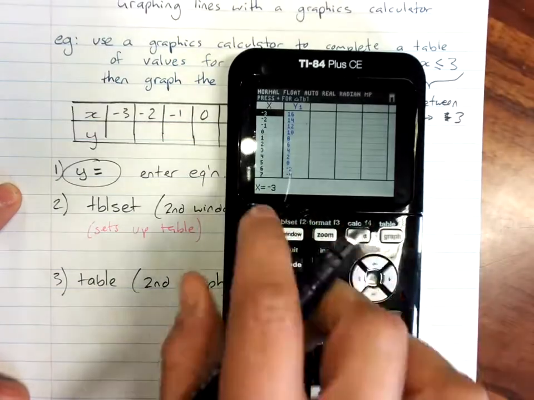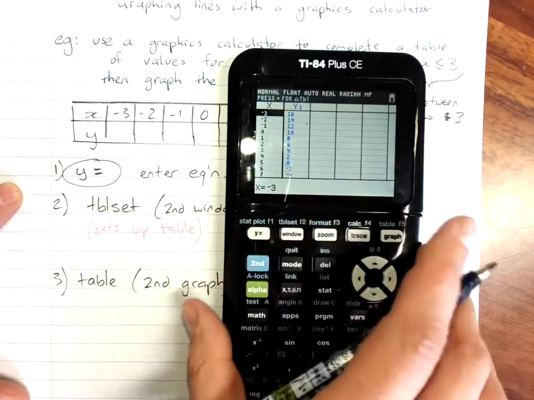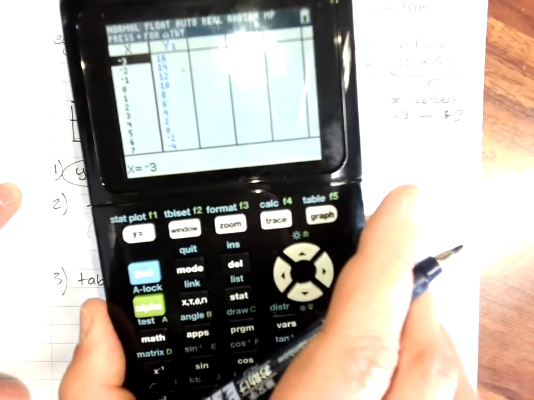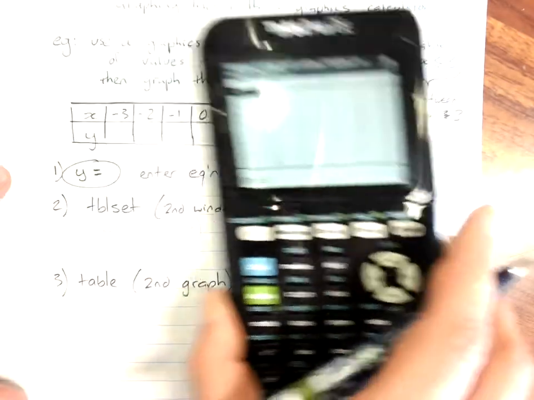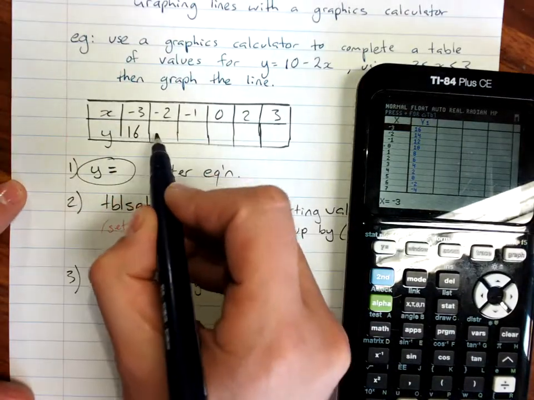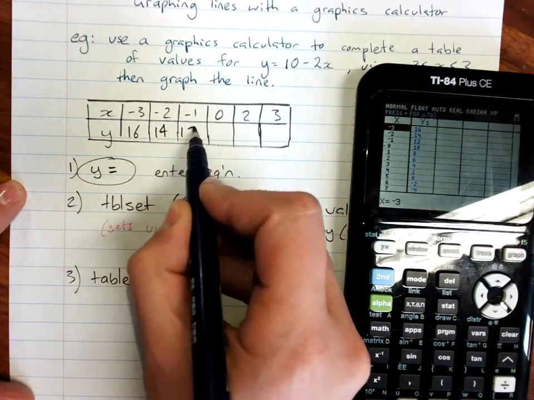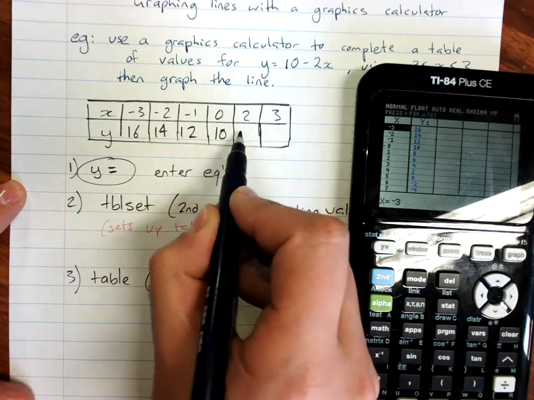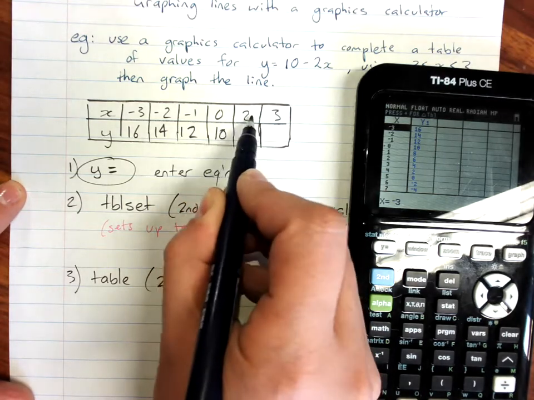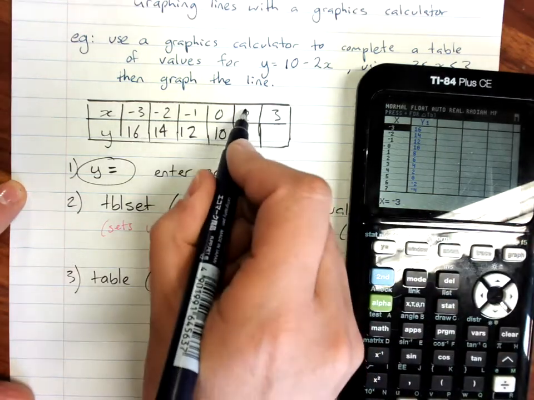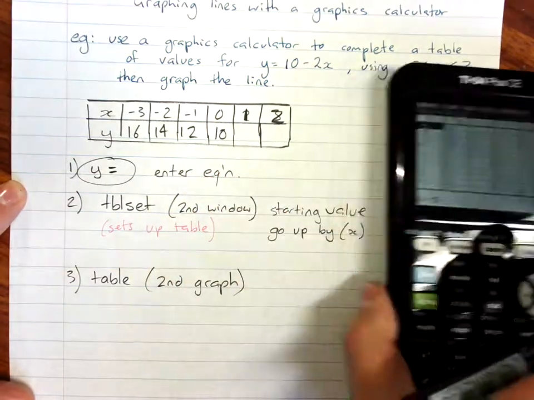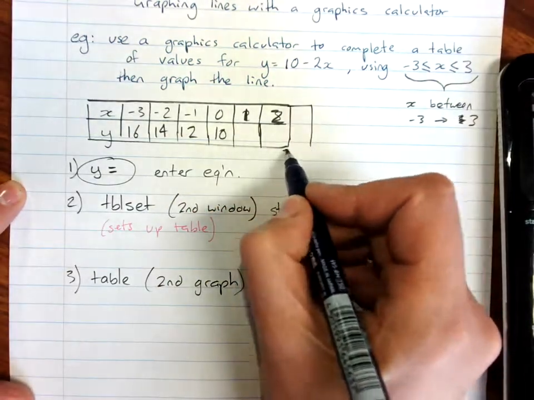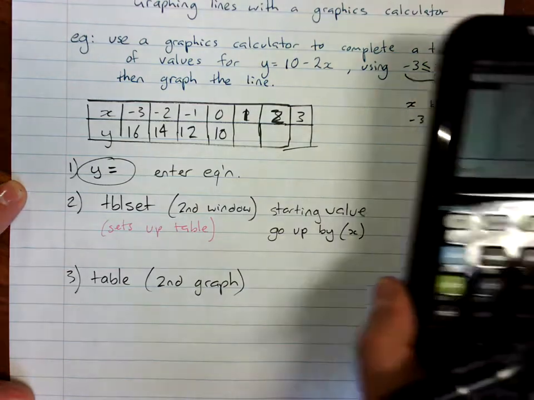And this fills in the table of values for this rule. Sorry, we'll zoom in a little bit there. So -3, y is 16. And that's really easy. I seem to have skipped 1 there, I'm sorry. 1, 2, 3, my apologies.